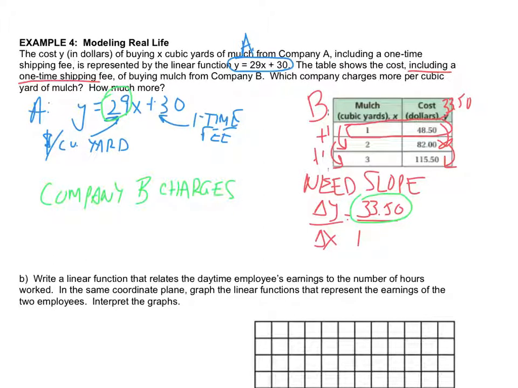It charges $4.50 per cubic yard more than A, which is a lot.